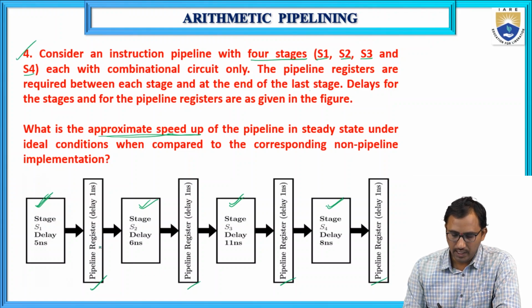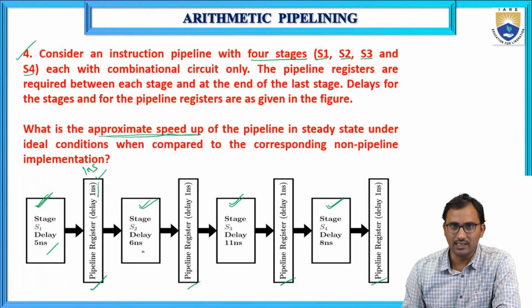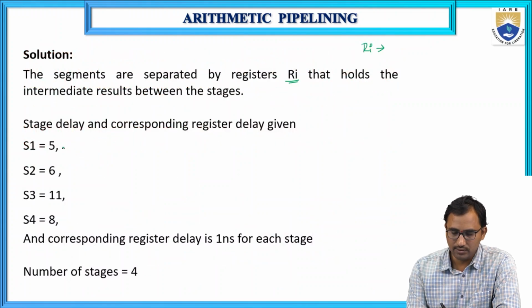And for each pipeline register the delay is 1 nanosecond. And the delay for the first stage is 5 nanoseconds. Delay for second stage is 6 nanoseconds. And for third 11 nanoseconds and 8 nanoseconds. So the delays are given.